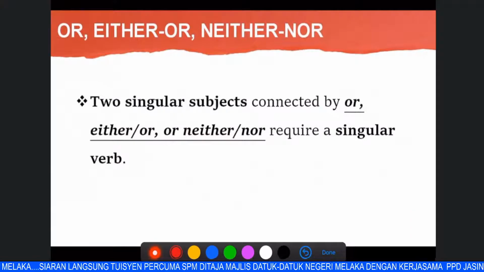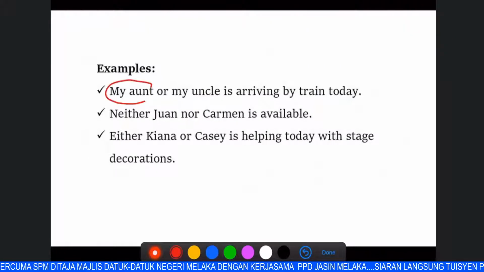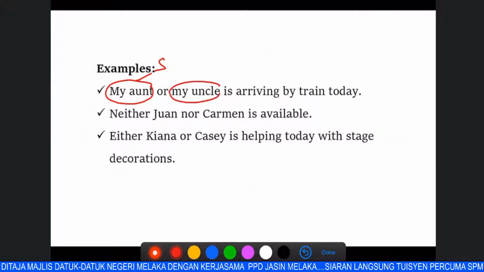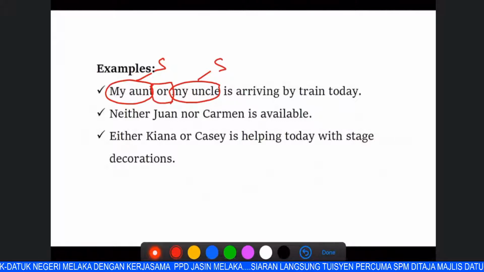Examples. My aunt or my uncle is arriving by train today. My aunt is singular. My uncle is also singular. Here we use "or", and then it is followed by the verb "is".